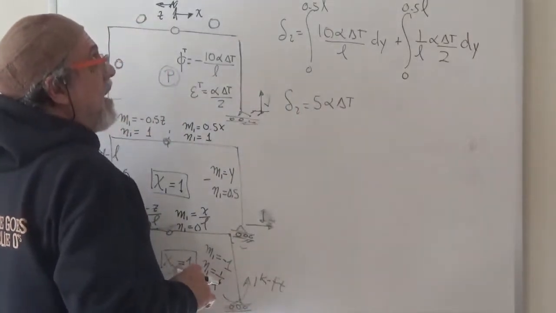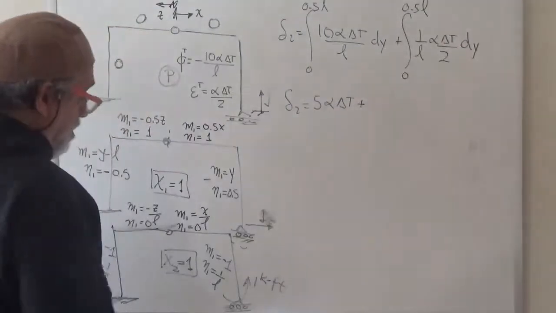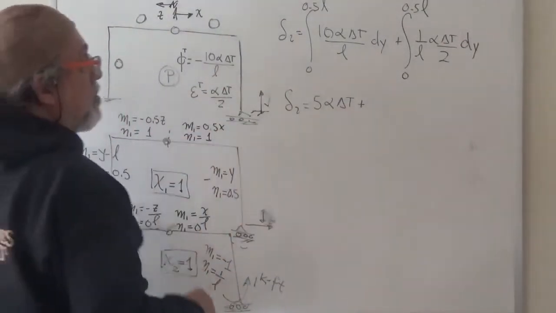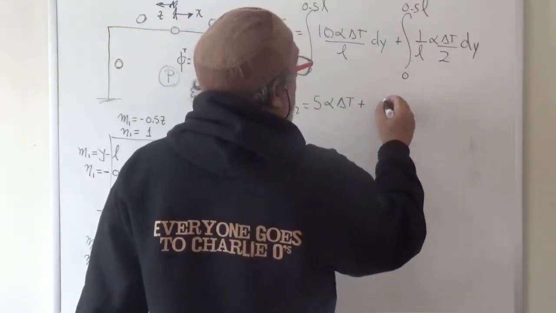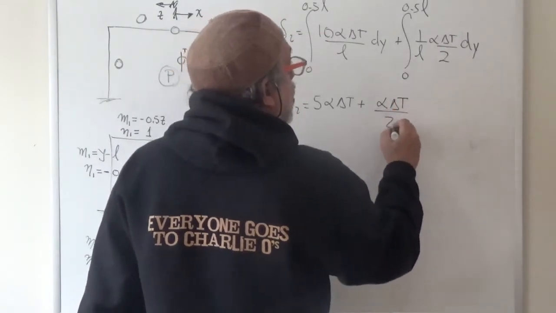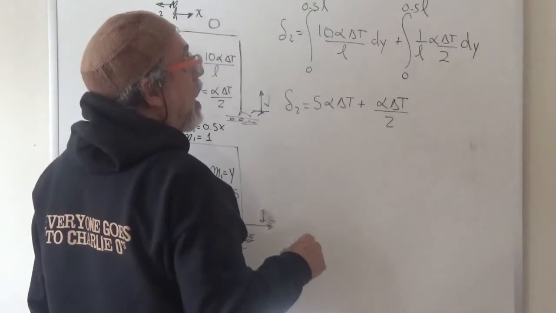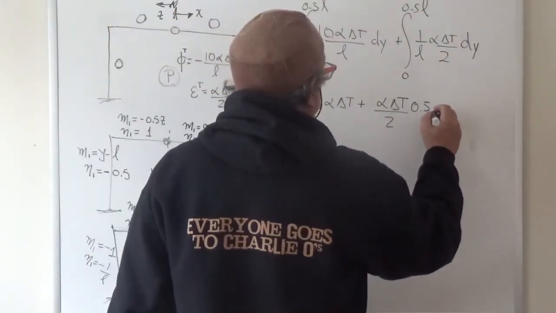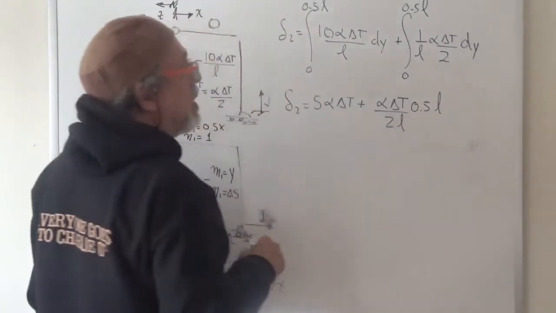So I have 5 alpha delta t for the first term, plus, and then double check myself, minus times minus cancel. This is plus times plus, so that also gives me a plus. So I have alpha delta t over 2, and then the integral of dy is going to be 0.5 L, and there was an L here, right?